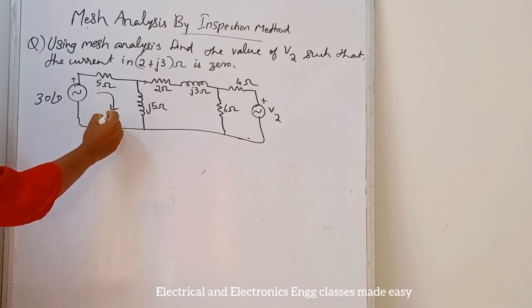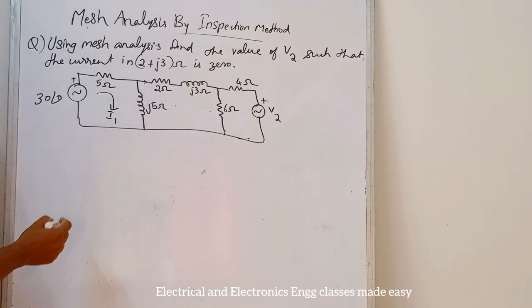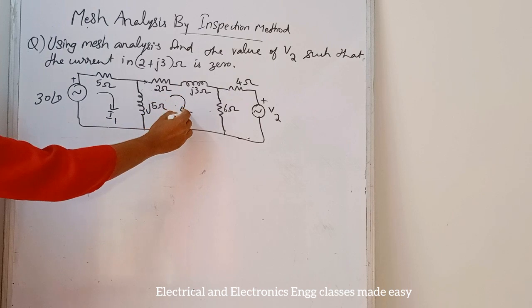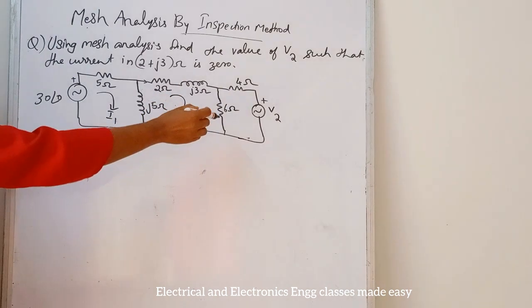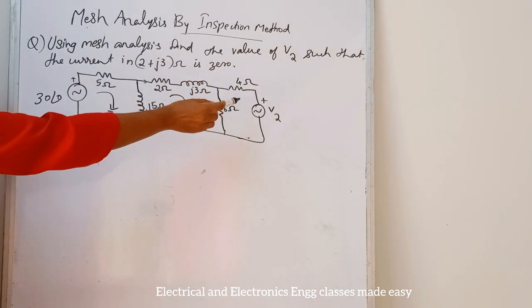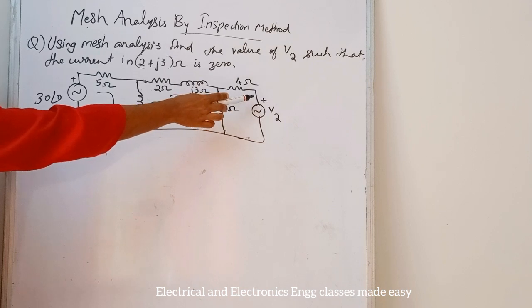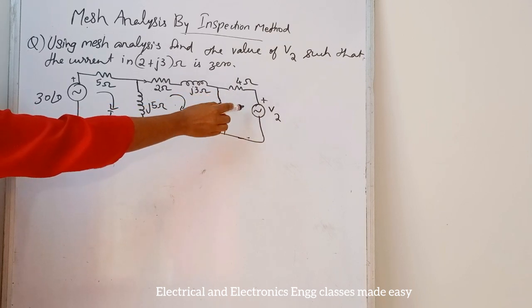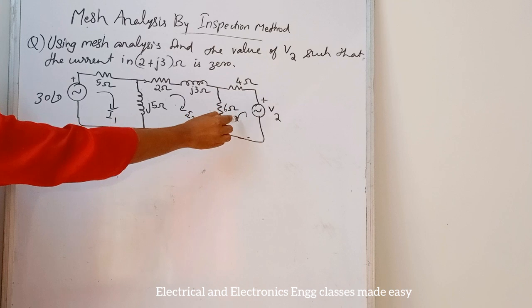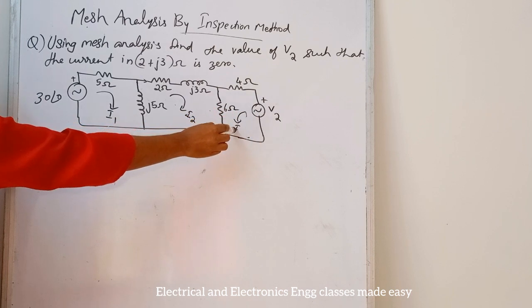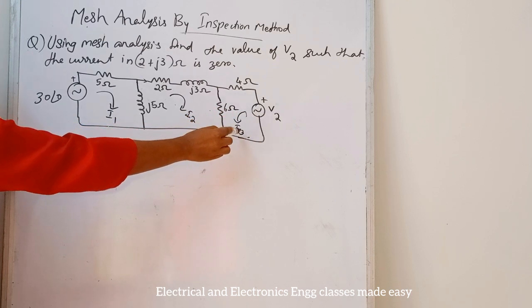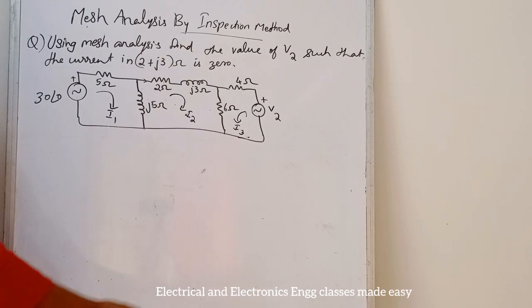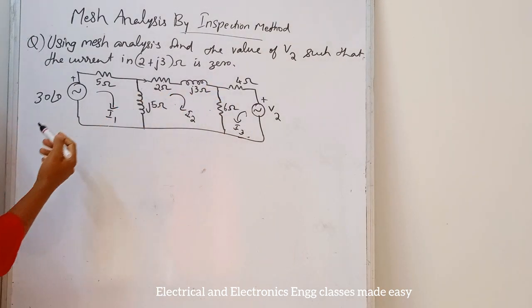Let this be I1, then I2, and in the third one, here it is given that plus is here. So if we want, we can select the current in the anti-clockwise direction, that is I3 in the anti-clockwise direction.